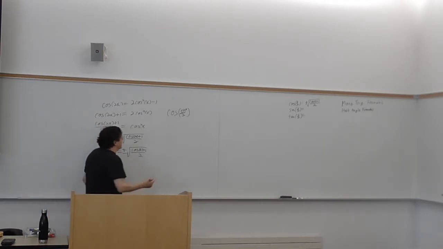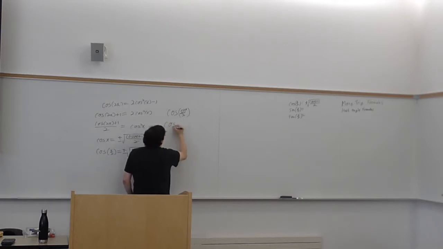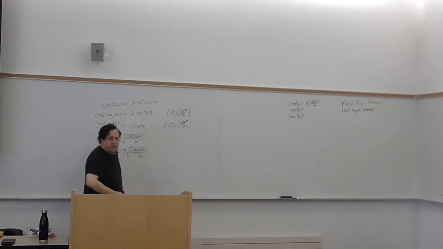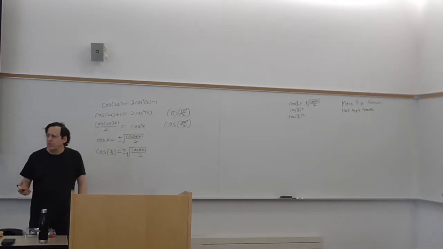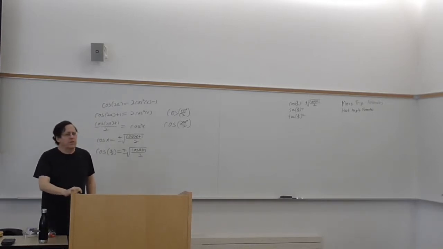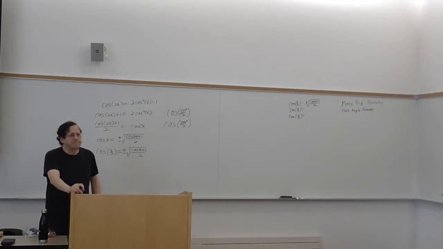But on the other hand, if I was looking at the cosine of, say, 200 degrees over 2, well, that's the cosine of 100. Which quadrant is 100 degrees in? Second.